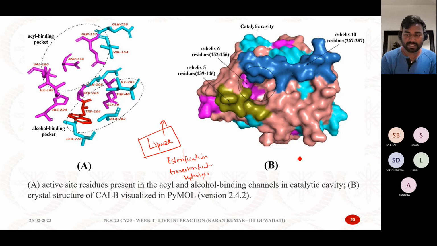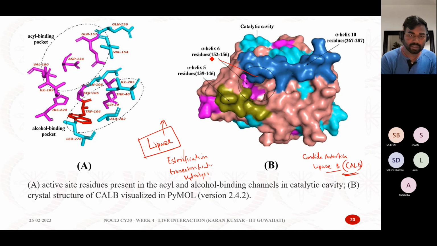Okay, so this is one structure of lipase, which is Candida antarctica lipase B, or in short CAL. Here you will see there are different parts of it. This is alpha helix 1 and this particular part is the catalytic cavity.